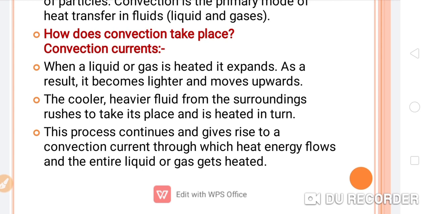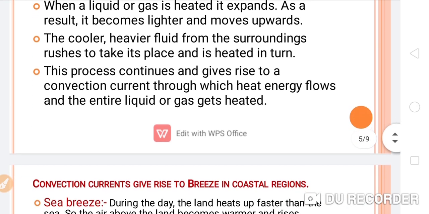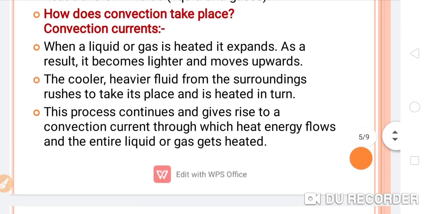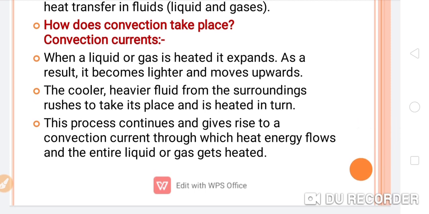Students, you can see figure number 4.9 in your book. Here the convection process is going on. For this activity, we must take a round bottom flask. If a flask is not available, you can use a beaker also.